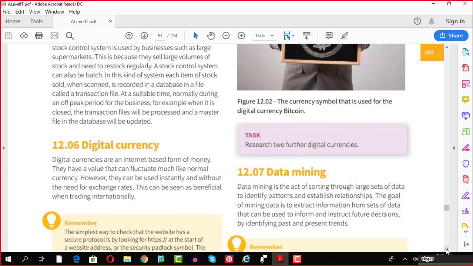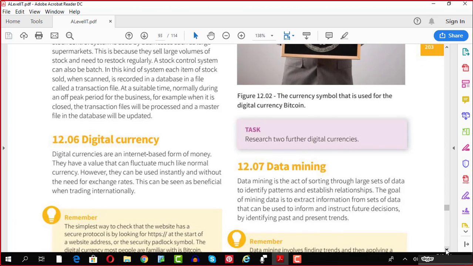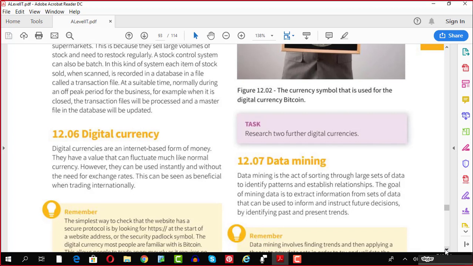Digital currency is very interesting, and you might have heard of Bitcoin. Bitcoin came in probably more than a decade back, and it virtually does exist. It doesn't have any financial backing of its own. So digital currencies are used by many retailers nowadays, stores.